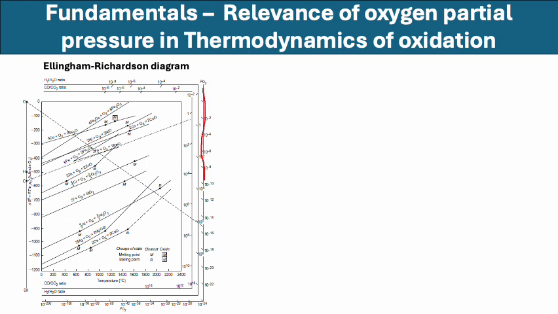There is an L-shaped thing that is running here, the outermost L, and then we have another inverted C-shaped axis, which is the hydrogen to water vapor ratio.